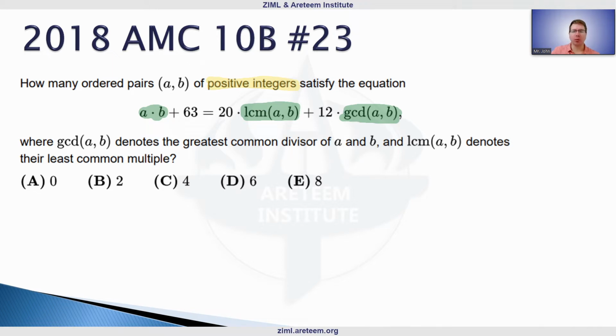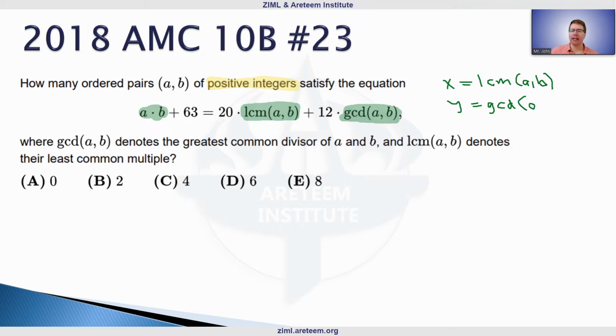But there's also a pretty helpful relationship. So if we make a substitution here, we're going to solve a different equation here. So x is the LCM of A and B, and y is the GCD of A and B. So we have our two expressions here that we are working with.